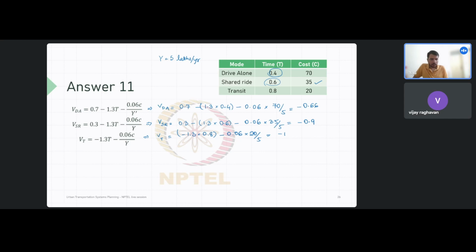This is minus 1.28. So we have drive alone, shared ride, and transit. All three utilities we have found. Now we need to find the exponent of utility. So let's do that. E power VDA.